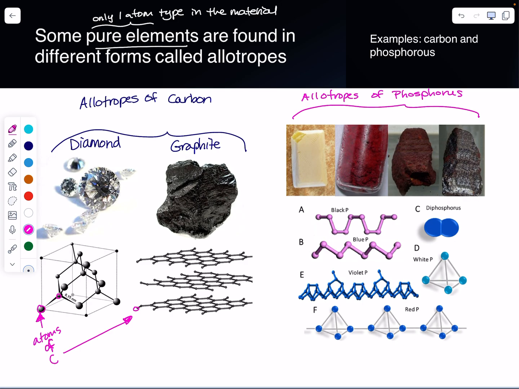These three forms on the right are pretty innocuous. They're not very harmful. But white phosphorus is a super dangerous material. It's highly reactive and toxic, and it's going to burn very hot.